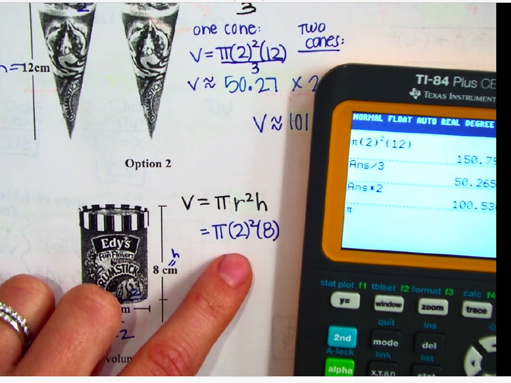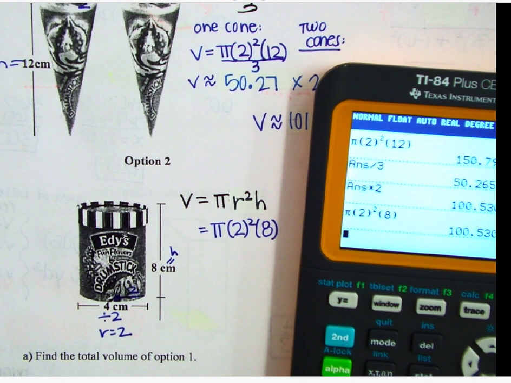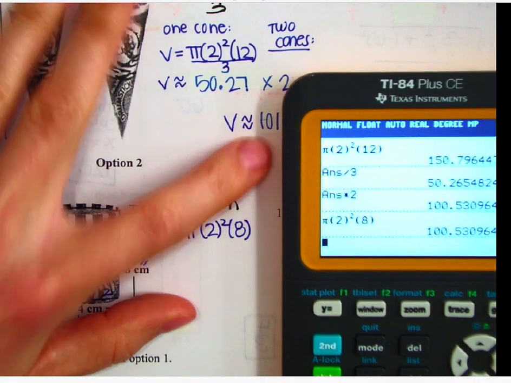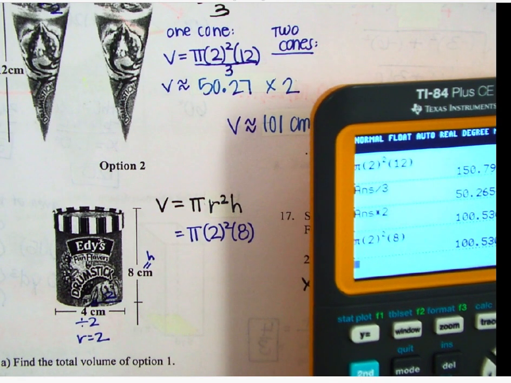Pi times 2 squared times 8 is about 100.53. So it looks exactly the same as what we did up above.